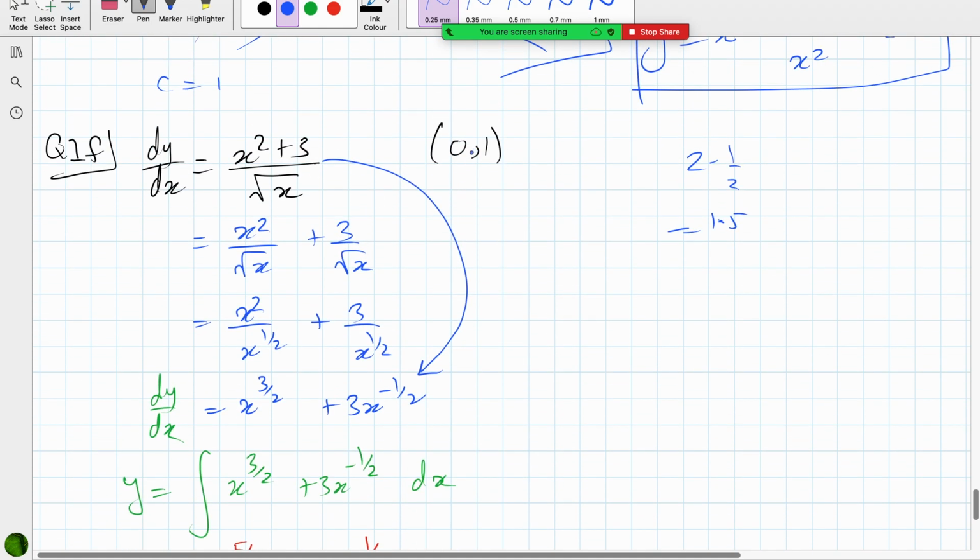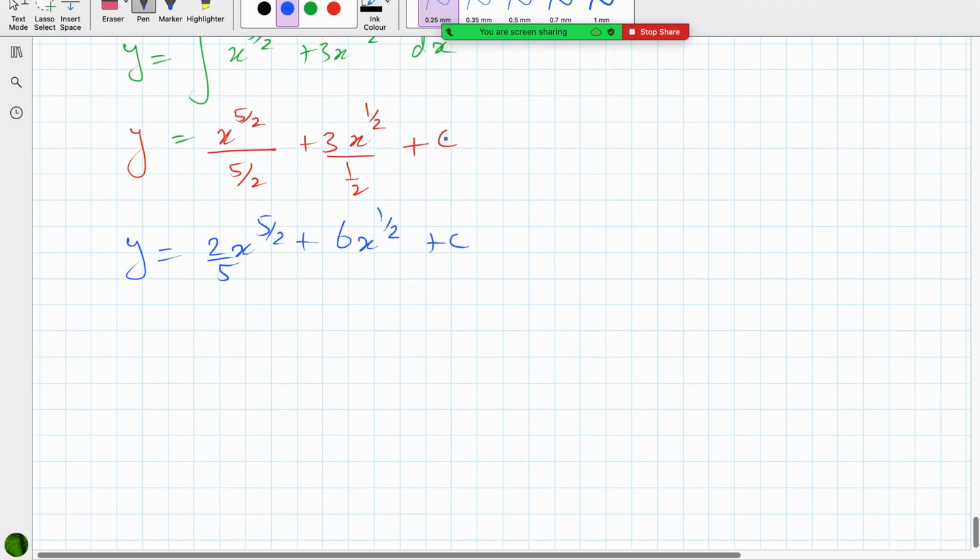And we know that when x is 0, y is 1. So 1 is equal to, when x is 0, you can directly write 0 as well. C is equal to 1.